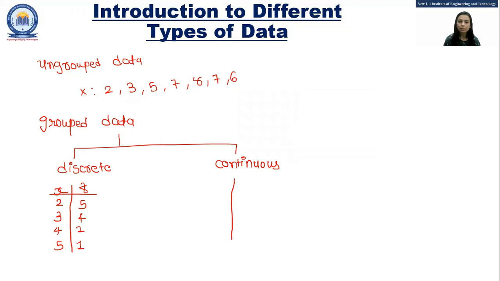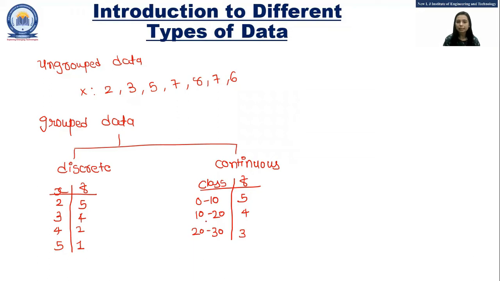And in a continuous series, you are given class intervals like 0 to 10, 10 to 20, 20 to 30, and the frequencies are given like 5, 4, 3. Here I'm giving you a simple example.